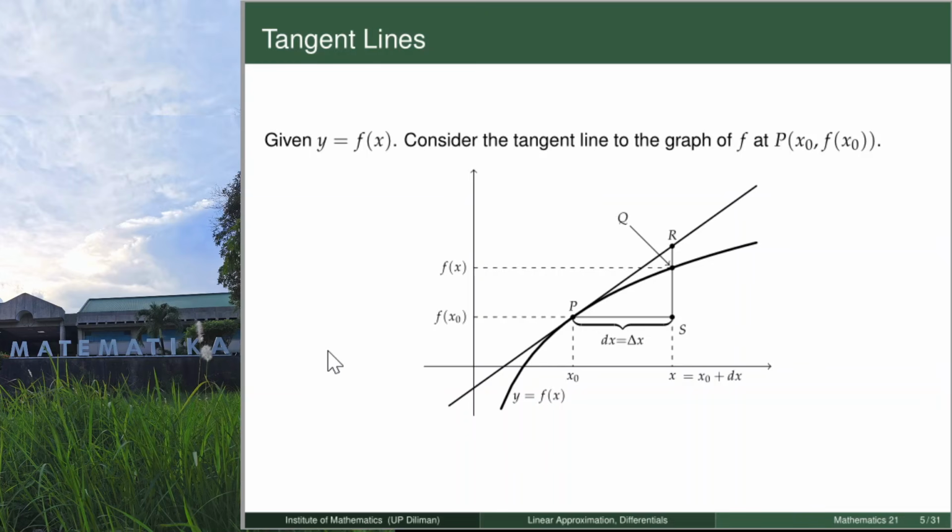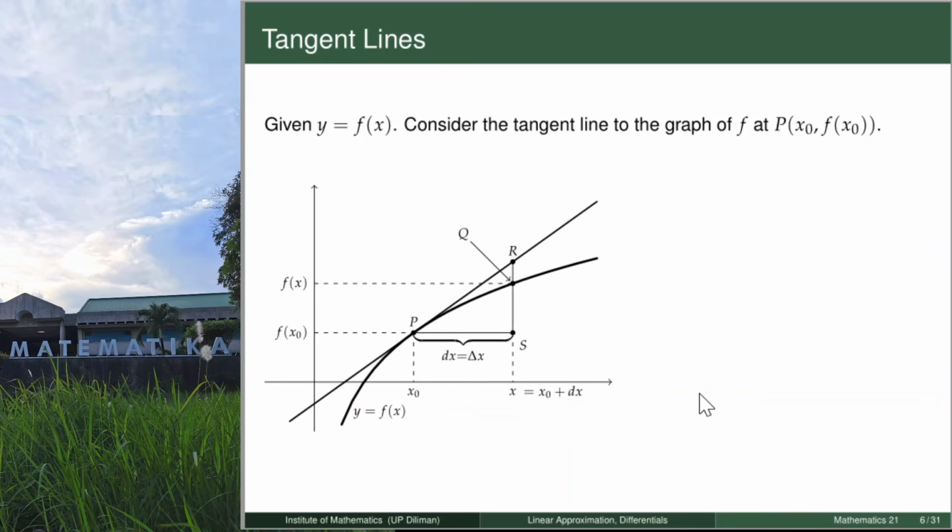Given a function y equals f of x, here, with this graph, the curvy one, consider the tangent line to the graph of f at the point P. So this line here. If you remember, the point P is the point of tangency, and it has the coordinates x0, f of x0 in our diagram.